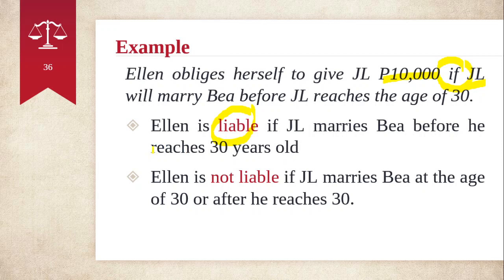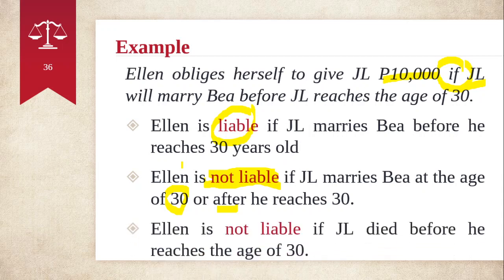Hindi na siya magkakaroon ng liability. Wala nang obligation. Kailan? Kapag pinakasalan ni JL si Bea nung 30 years old na siya, or after. Kasi ang sabi sa kanilang usapan, kailangan niya pakasalan before 30 years old. So, although pinakasalan niya, nag-expire naman ang kanilang usapan na 30 years old. So, hindi na siya magiging liable.